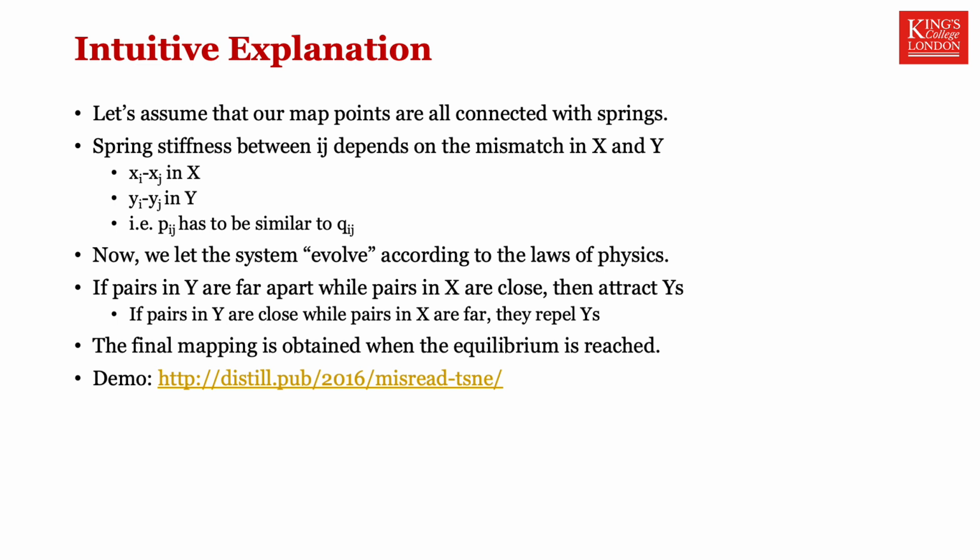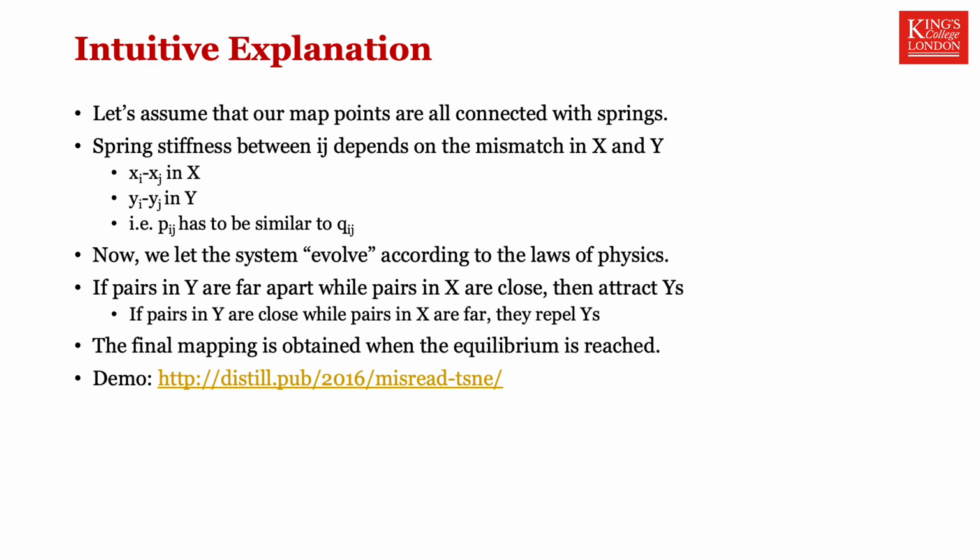You now want to project this data into a lower dimensional space, let's say a two-dimensional space. So you want to represent the same points, again connected by springs, in the lower dimensional space. Let's call this space Y, and this space is going to be 2 dimensions rather than 3 dimensions.